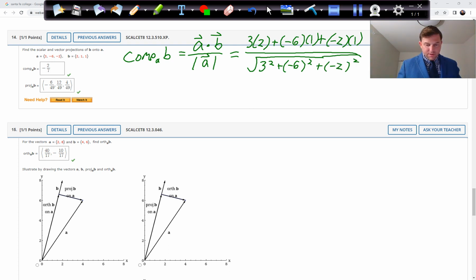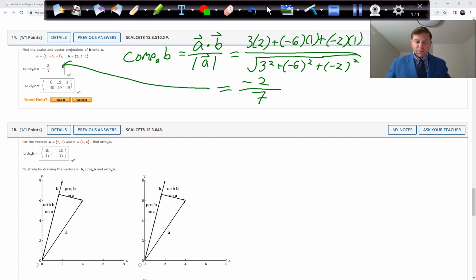And if we do this, on top we'll get minus 2. 6 minus 6 goes away, plus negative 2. And then on the bottom, the square root of 49, which is 7. So the scalar projection of B onto A is minus 2/7.